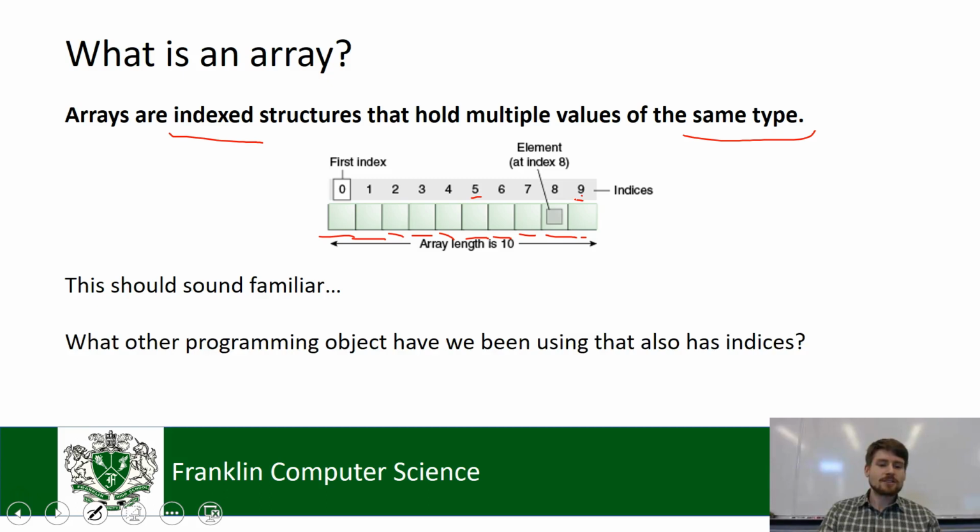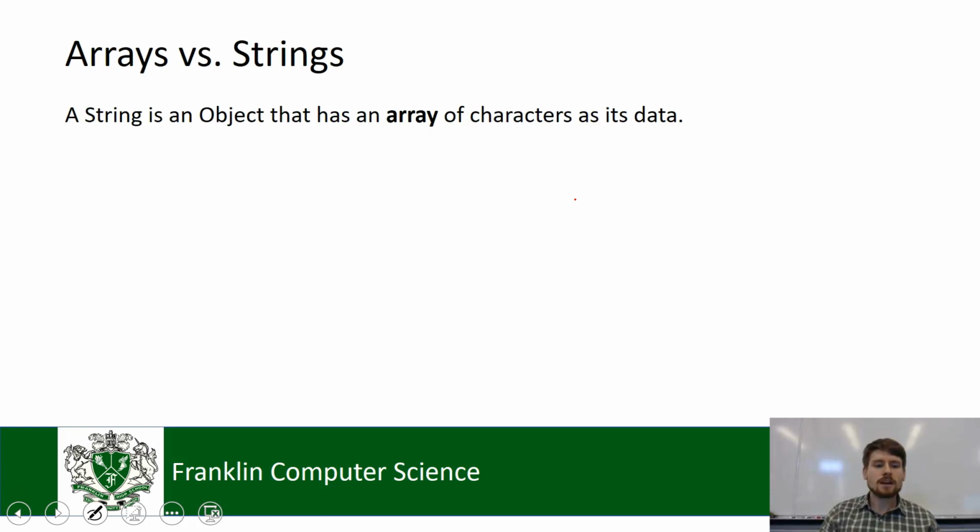Strings. Strings also have that same kind of behavior. In fact, a string is really just an array of characters. It's just got a bunch of characters in sequential order. So it is an array, but it's got more stuff going on. So strings are a little bit different than arrays.